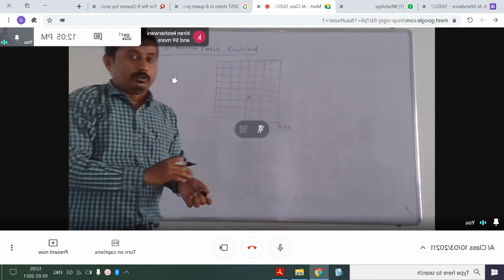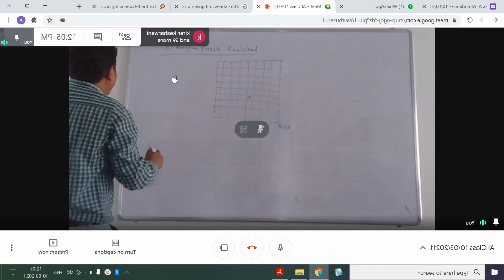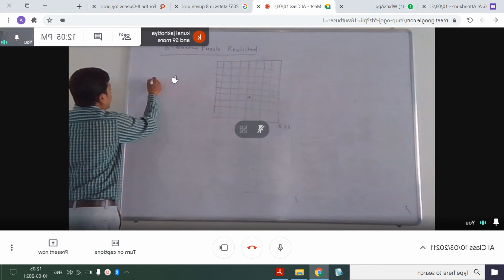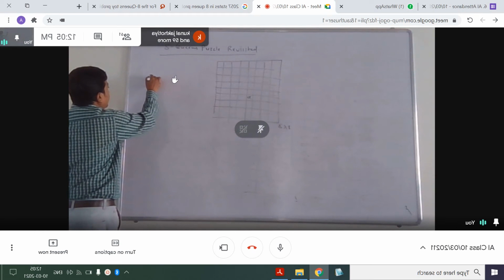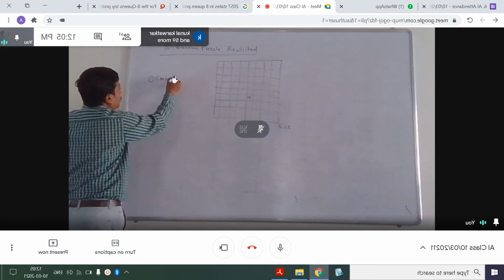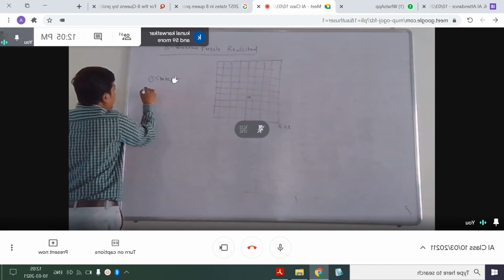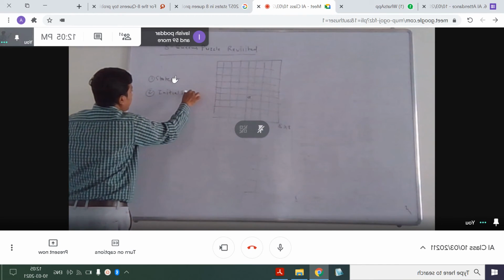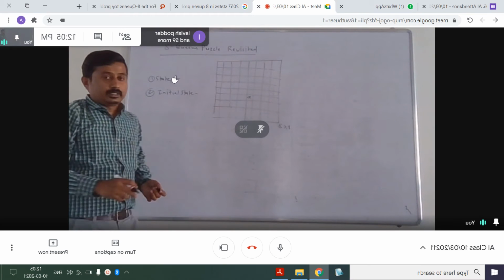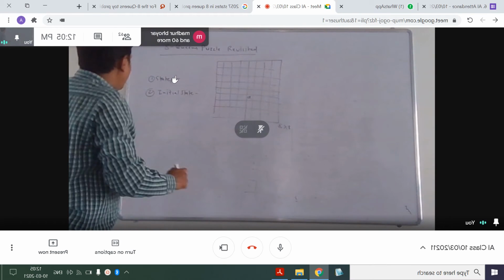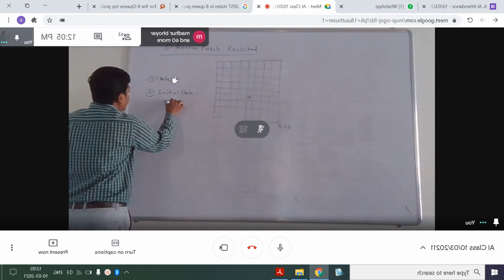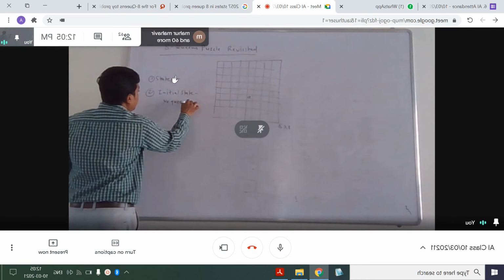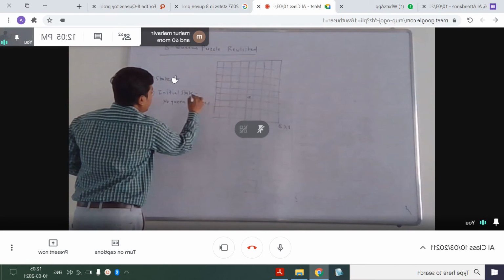We have seen one formulation for this problem, where first parameter that we find out is states. How many states are possible? Second is initial state. In initial state we said that no queen is placed, so initially the board is empty.